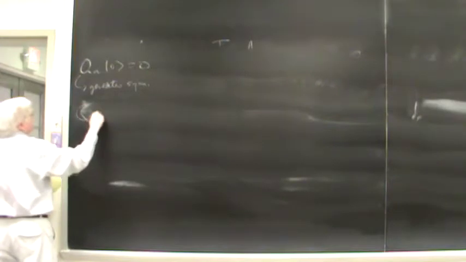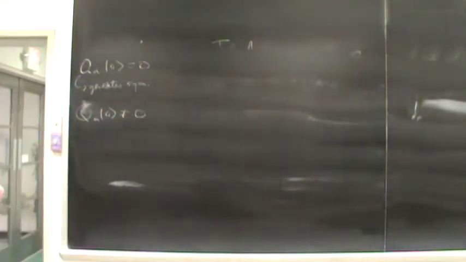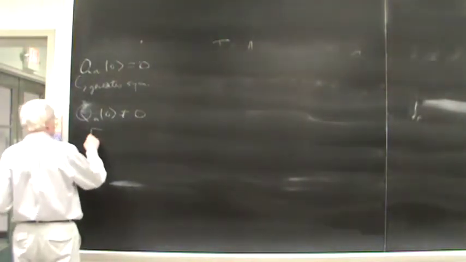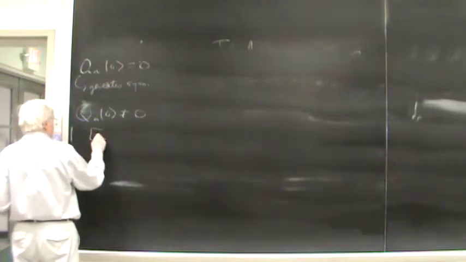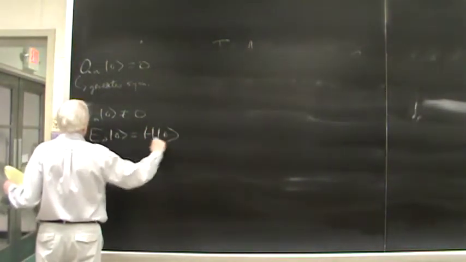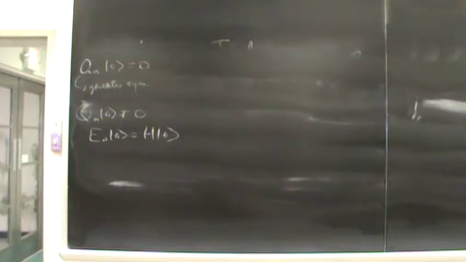On the other hand, if Q^A on the vacuum is not 0, then we have something that's spontaneously broken. Another way of seeing this is to say, suppose E0 on the vacuum is H on the vacuum. That is to say, the energy of the ground state is E0.